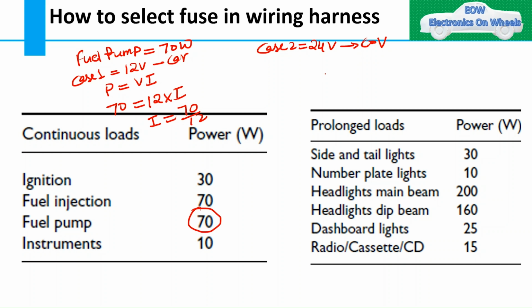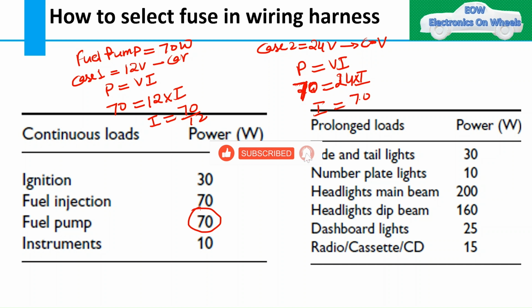Similarly, in this case also, P is equal to VI, power would remain the same, 70. Then you are working on 24, so 70 equals 24 into I. Then I is equal to 70 divided by 24.